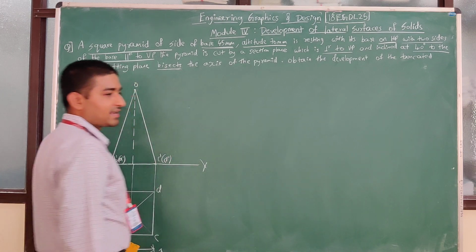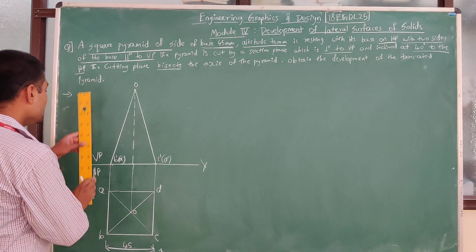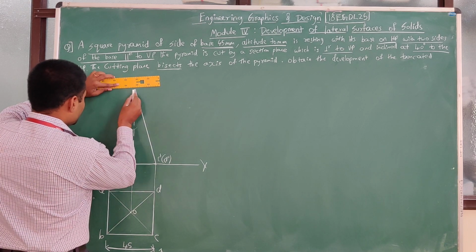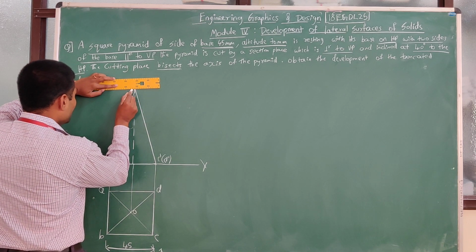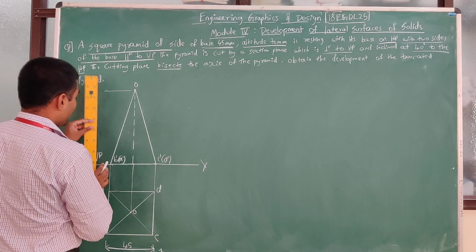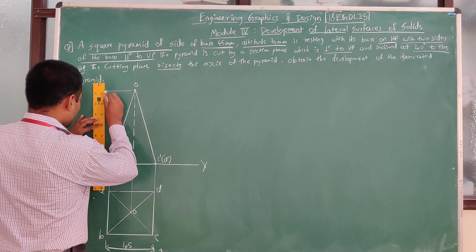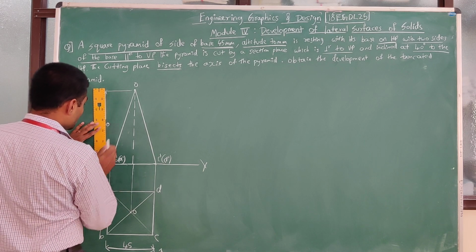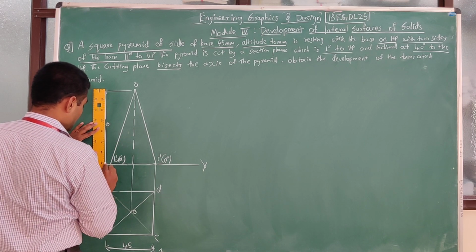So what is meant by bisecting? Bisecting means whatever the axis height is, it will be exactly divided into two equal halves. That is called bisecting. So if the total height of the axis is 70 mm, what will be the bisecting length?